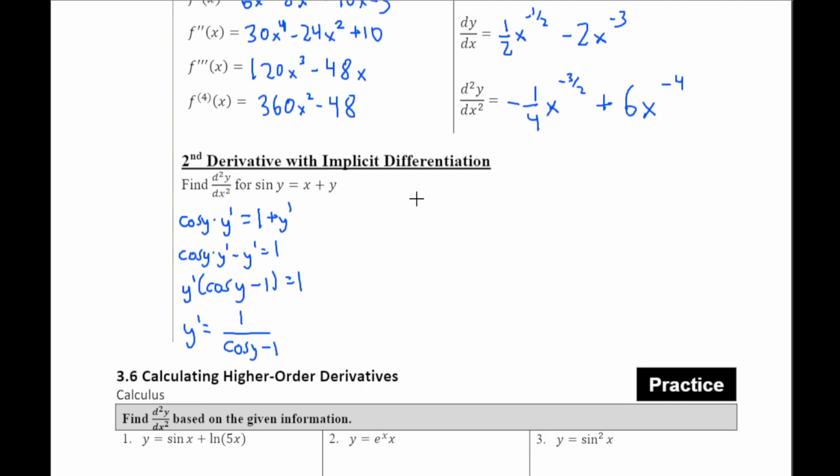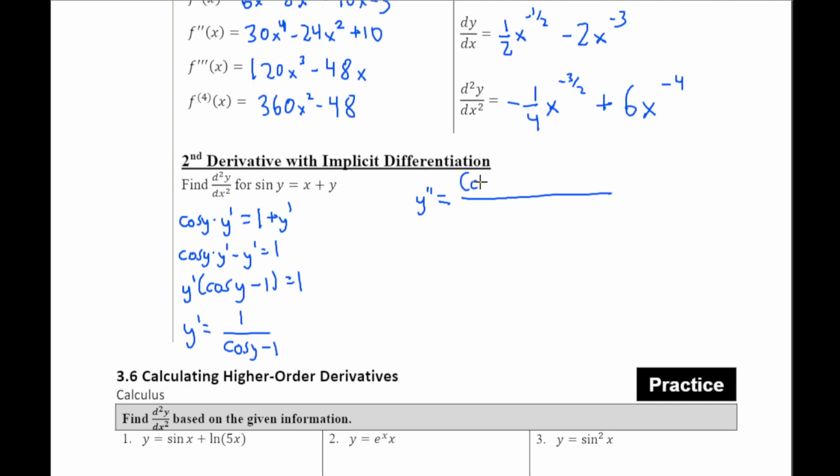To get the second derivative, this might get a little ugly. There's a couple ways we can do this. The way I'm going to do it is to use the quotient rule: low d high minus high d low over low low. So this is the top divided by the bottom.